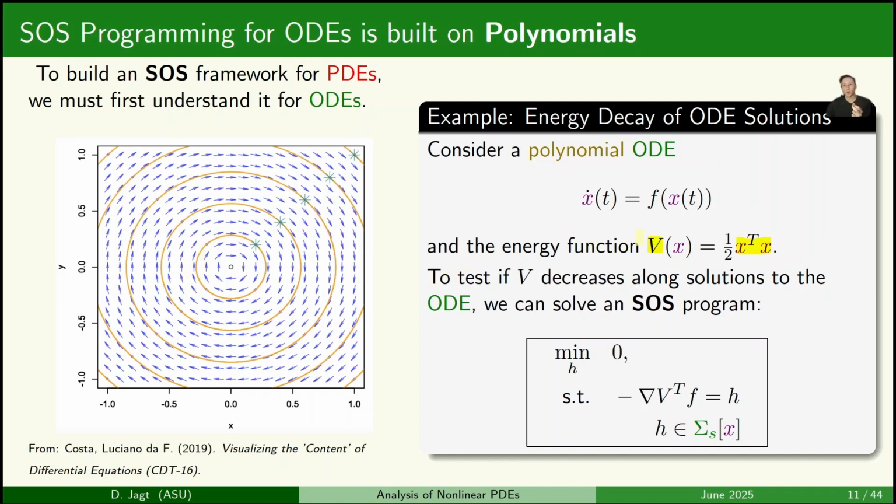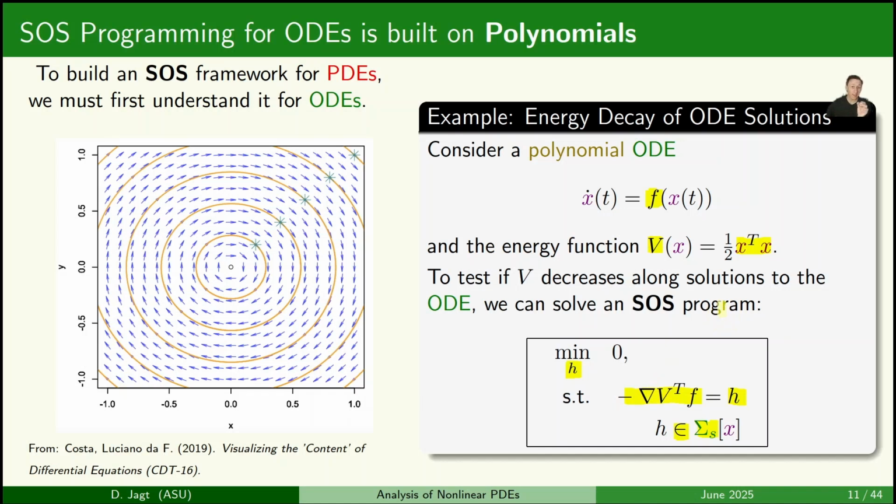And then let us check whether this function decreases along the polynomial vector field f. So we can pose this as an SOS program, where our decision variable is a function h, where we require that this function h is equal to the negative derivative of our Lyapunov function along the vector field, and that this function h here is a sum of squares polynomial, so that it is positive semi-definite, and thus this negative derivative is also positive semi-definite.